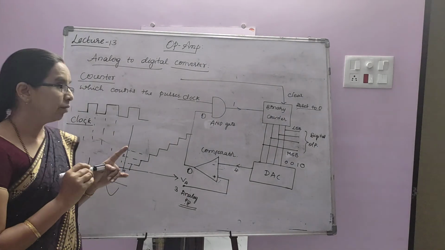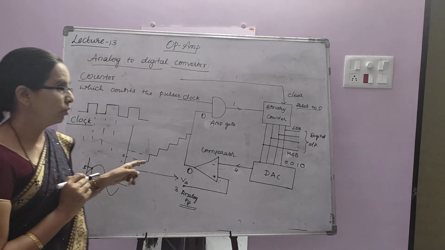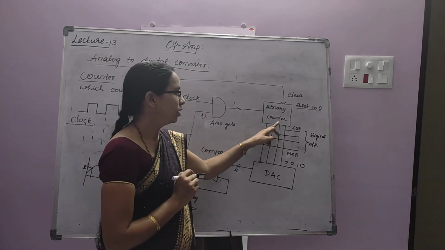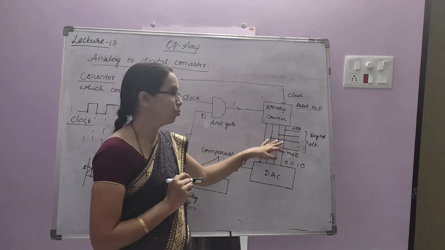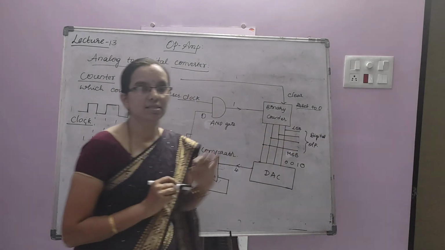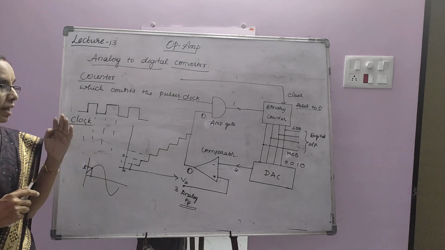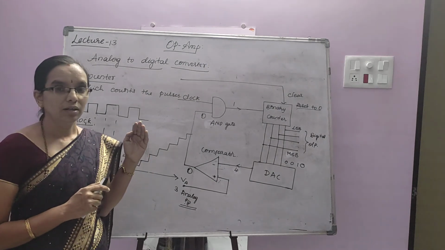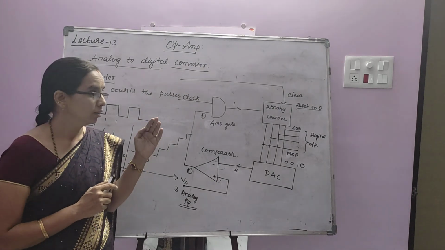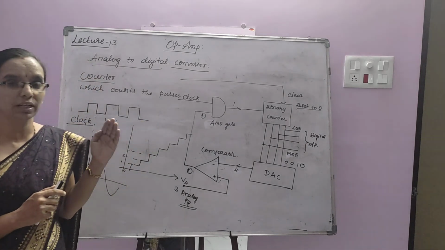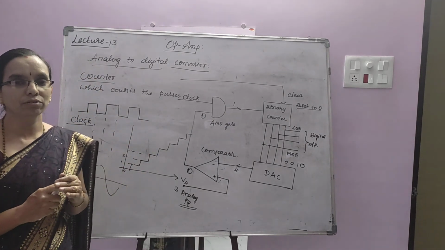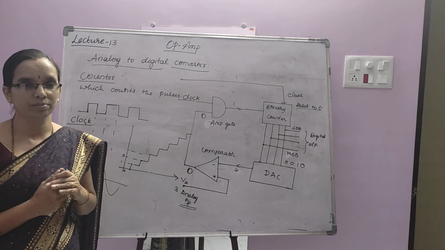Whenever the counter stops counting, the previous output from the counter will be taken as the digital output. It will not be the exact digital value, it will be an approximate value of the analog input.